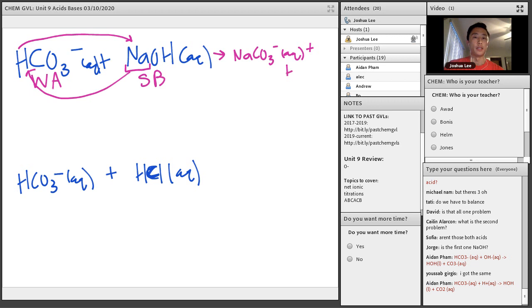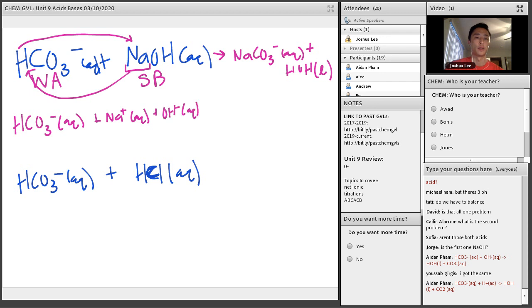Plus HOH liquid. Then when we break things apart, since this is weak, we keep it together, HCO3 minus. Plus, it's a strong base, we break it apart. This is ionic.